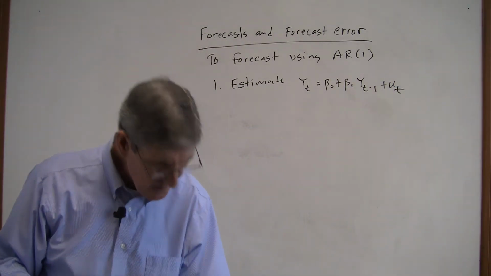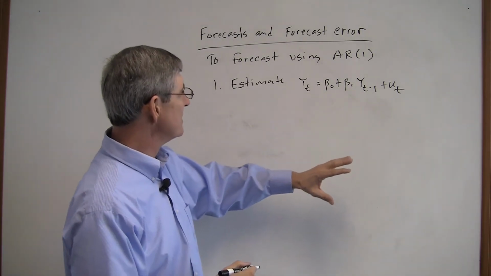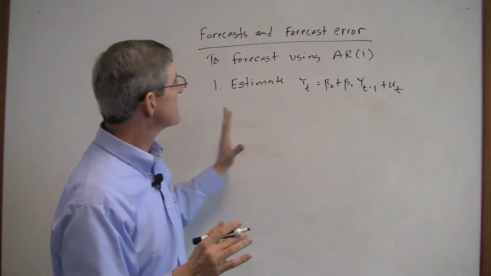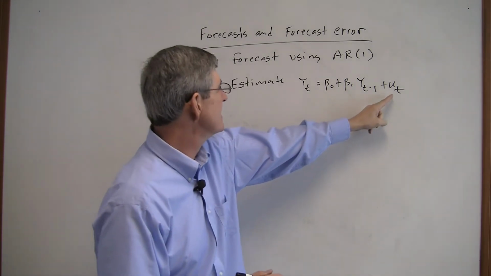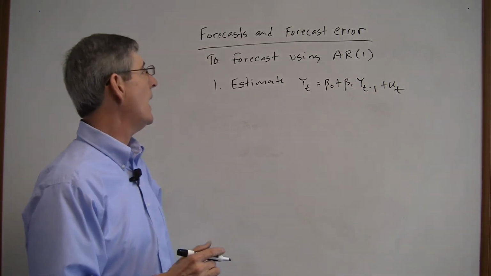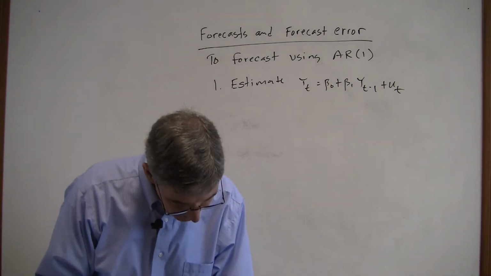Now whether you can use OLS or you need to account for serial correlation and other things we'll talk about later, for now, just estimate this somehow. Let's suppose ut is IID, no correlation. Then you could just use OLS. Then you've got your estimates.